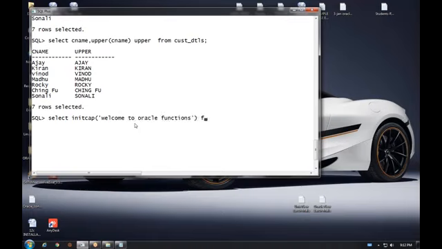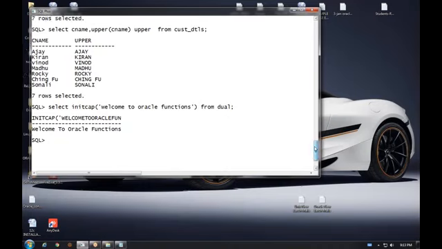So many words are there. From dual, each word's beginning letter is in capital case. W, D, O, F. Every word's starting character is in capital case. So this is called init cap.